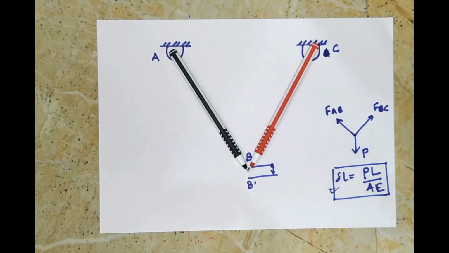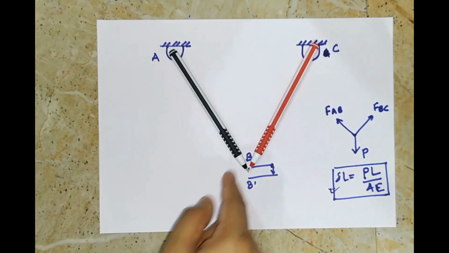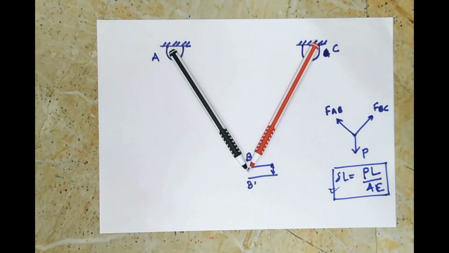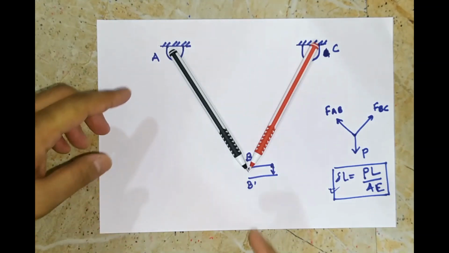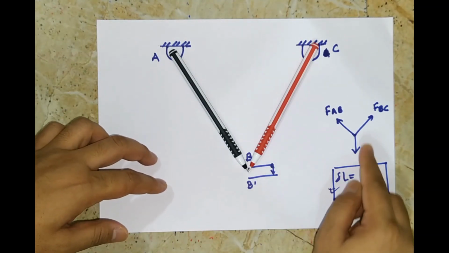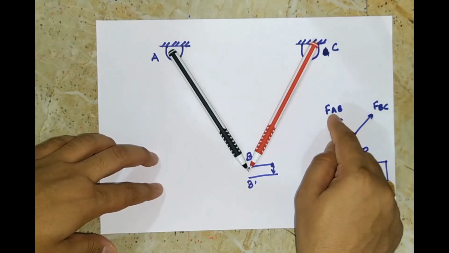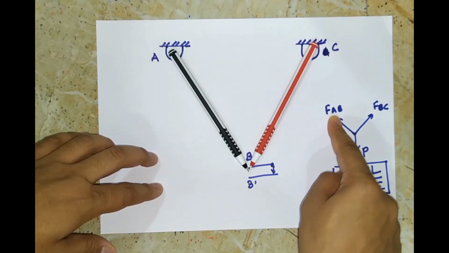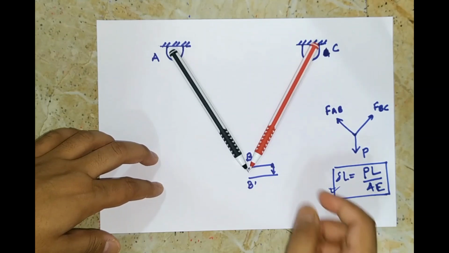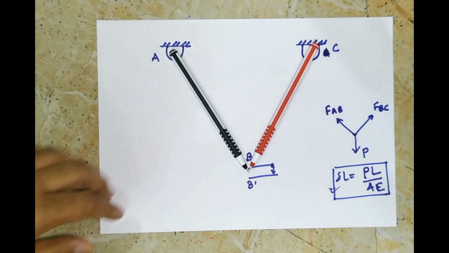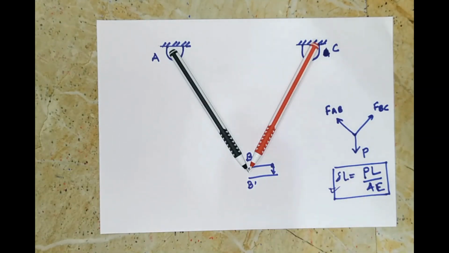This example can be effectively illustrated with the help of this practical demonstration. Suppose my two pins act as link AB and BC, which we have already discussed. So when we apply a load P here, the corresponding tensile forces will act in this link, and when tensile forces act on the link, it will cause elongation of the members.